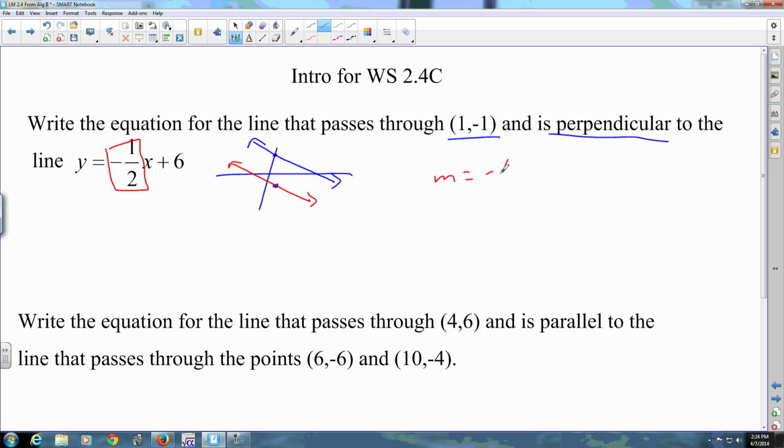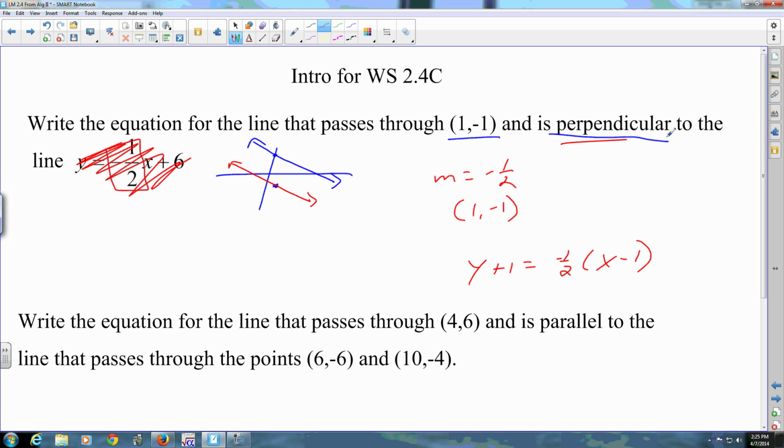The slope is negative 1/2. Once you pull the slope out, cross it out so you don't confuse yourself. This is the point you're interested in now. So y plus 1 is equal to negative 1/2 x minus 1. And you're done. It was parallel to this blue line that I scribbled out, so you just pull the slope out and use that point.